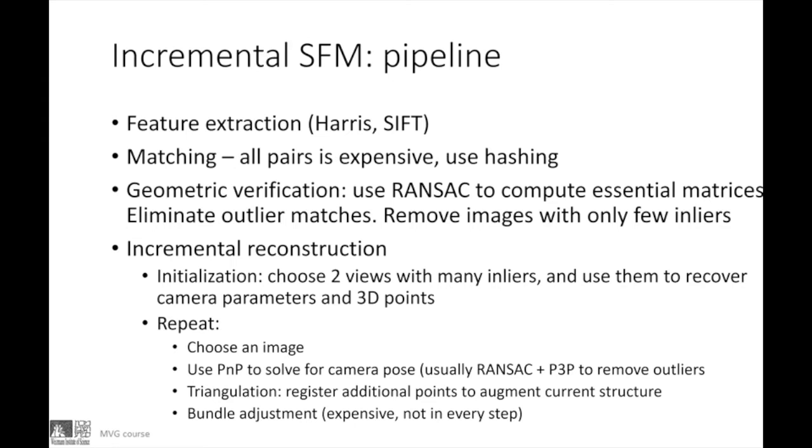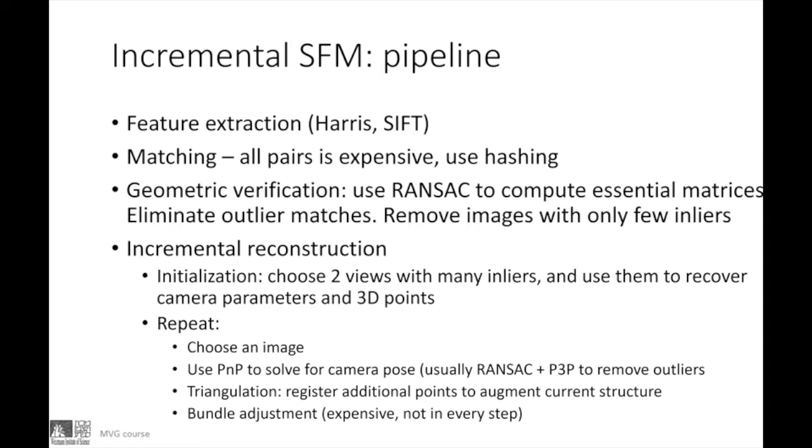And typically, what people do is apply P3P, which you studied, with RANSAC, and therefore remove outliers. So we don't just count on the outliers we removed in the first step when we computed essential matrices. We again try to remove more outliers.